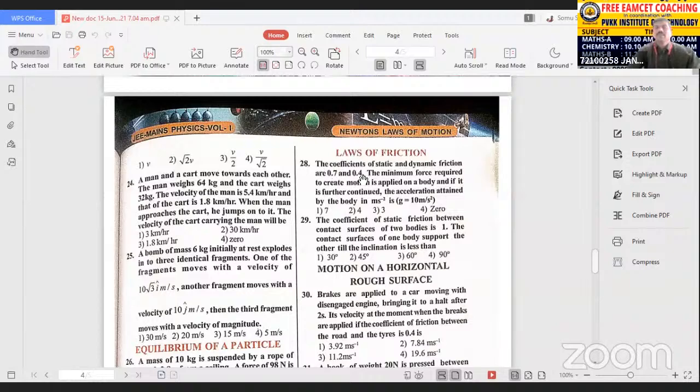So what is given? The coefficient of static friction and the coefficient of dynamic friction values are given, and also the g value. Now find out the acceleration.